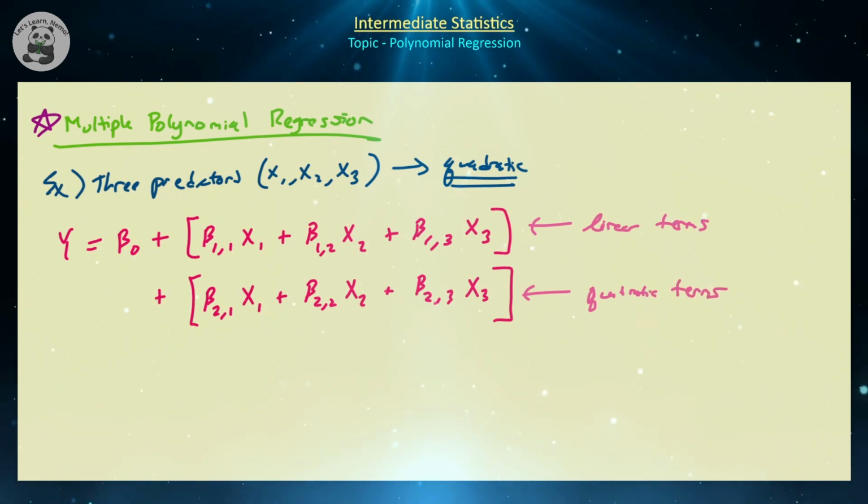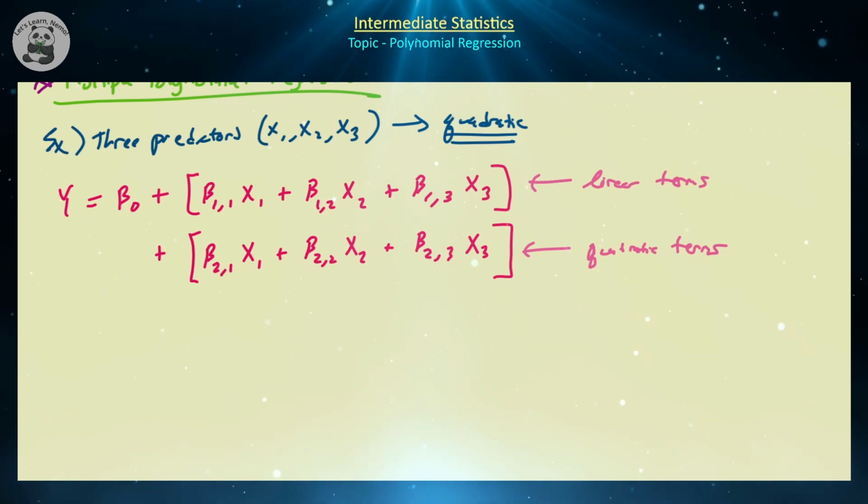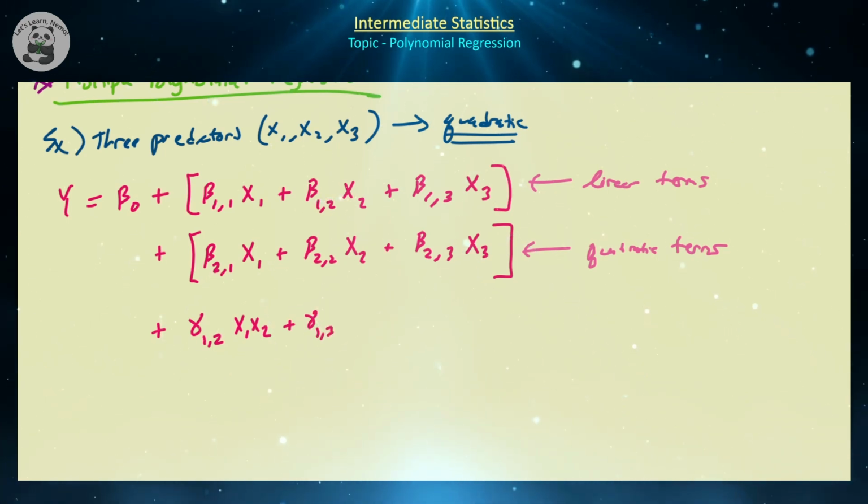But that's not all the terms you can include in your polynomial regression model, because notice that we're not including any interaction terms. And you can, of course, include them. For example, you can include the interaction coefficient gamma 1,2 with the variables x1 x2, and then gamma 1,3, which is the interaction coefficient between variables 1 and 3, x1 times x3. And then the interaction coefficient gamma 2,3 between variables x2 and x3.